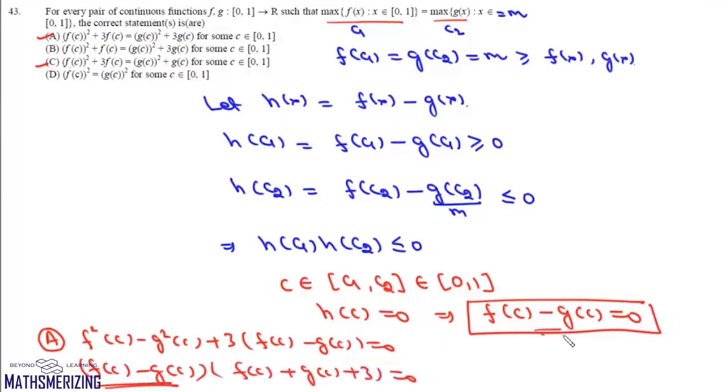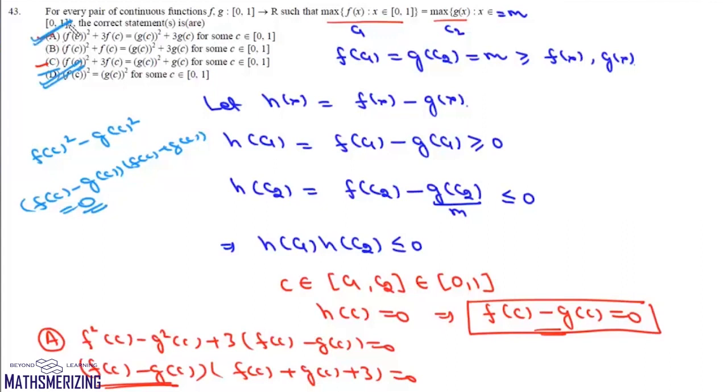And since it is 0, that means this statement A is correct. And if we look at not C but D, then it is f(c) square minus g(c) square, which will be (f(c) minus g(c)) into (f(c) plus g(c)). Now again f(c) minus g(c) is 0. So that means this statement D is also correct. So the correct statements are A and D.